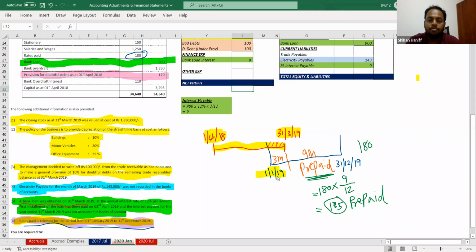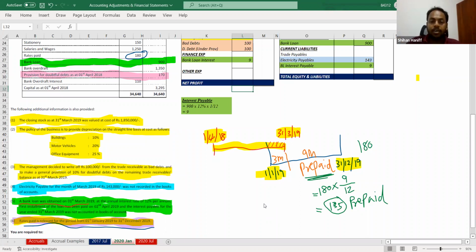So we have paid a part of the rates for the current financial year, another part for the next financial year.